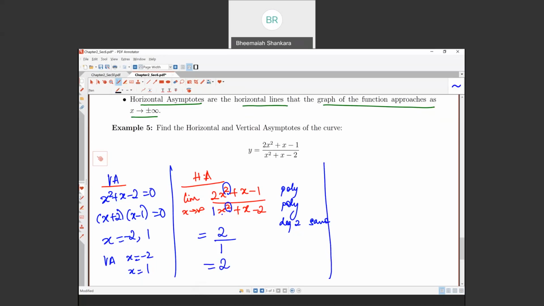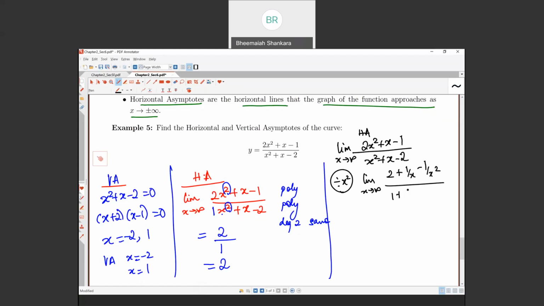So let's learn a method to solve the limit value. Limit x approaching infinity of (2x squared plus x minus 1) over (x squared plus x minus 2). You want to divide by x squared, the highest degree in the numerator and the denominator. So you have limit x approaching infinity of (2 plus 1 over x minus 1 over x squared) over (1 plus 1 over x minus 2 over x squared).